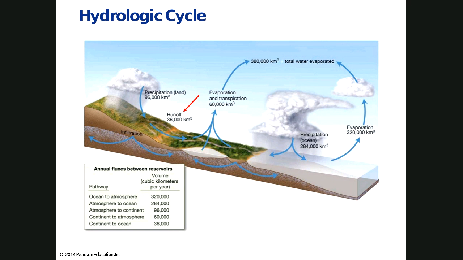So on land, about 96 cubic kilometers of water comes down in the form of precipitation. That would be 96,000 blocks, 1,000 meters long, high, and deep, right? Think of a cube. Look how much is evaporated every year, right? 380,000 cubic kilometers is evaporated every year, and it's lost through regular evaporation.